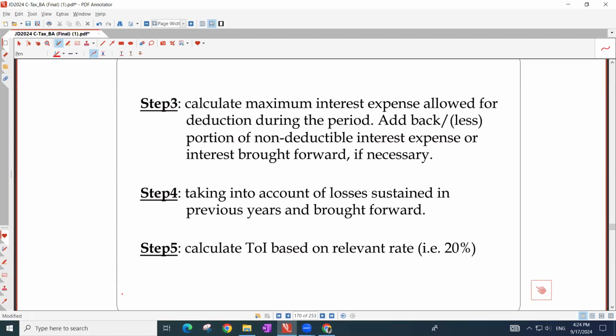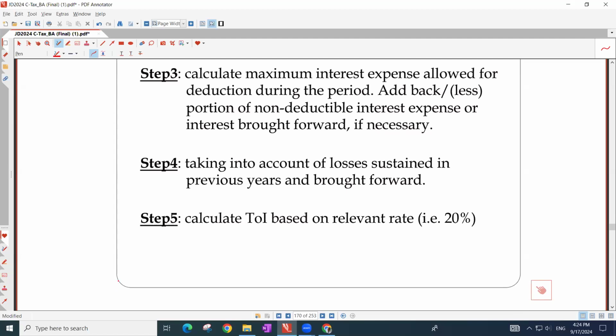Then we look at the loss carry forward. If we have it, we claim the deduction; if we don't, then just skip. After taking into account the loss carry forward adjustments, you get the taxable profit for the year.